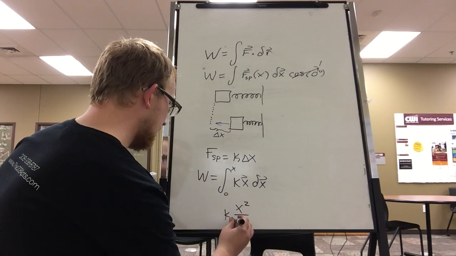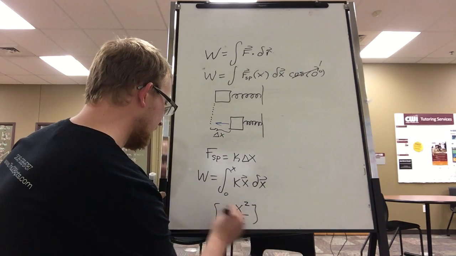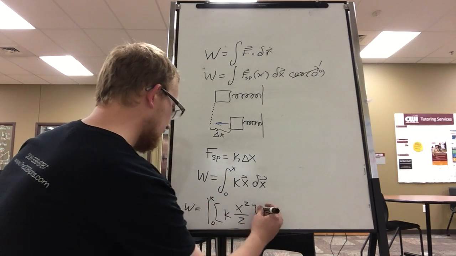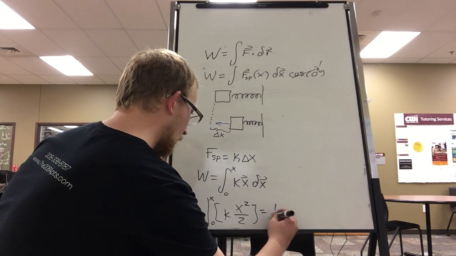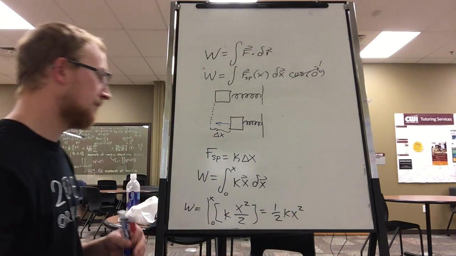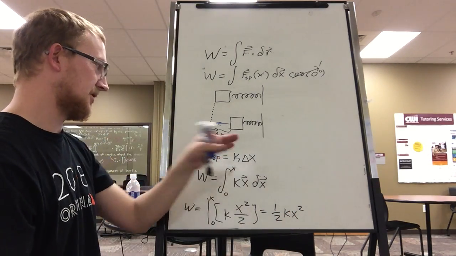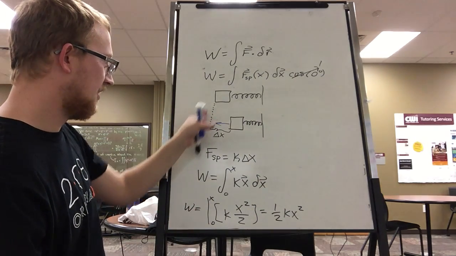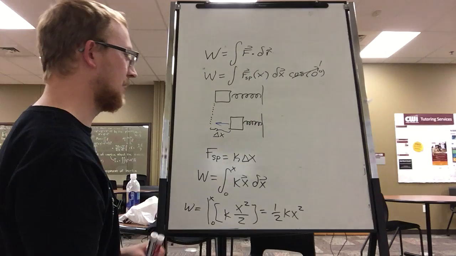The k hangs around, and then we'll evaluate it from 0 to x, which if you work through it is simply going to be 1/2 kx squared. And where x is actually delta x, I'm just writing it as x. It's from where we started at the 0 force of the spring to wherever we're at.